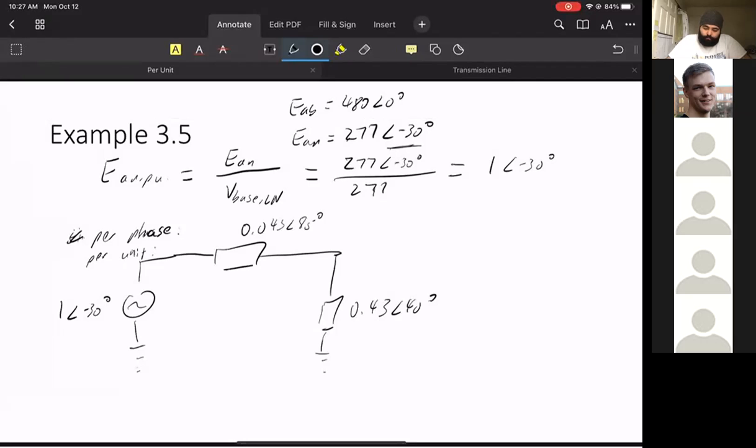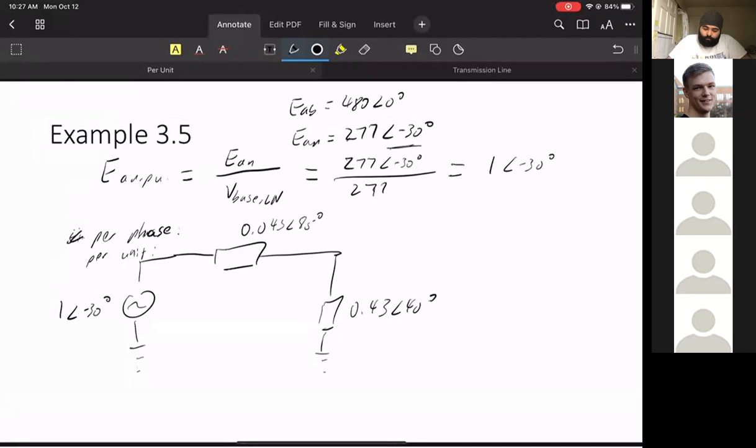When you compute the current for that, would you find the current in this per phase circuit and then multiply it by 3 to get the real current? The key conceptual thing is there is no notion of real current.